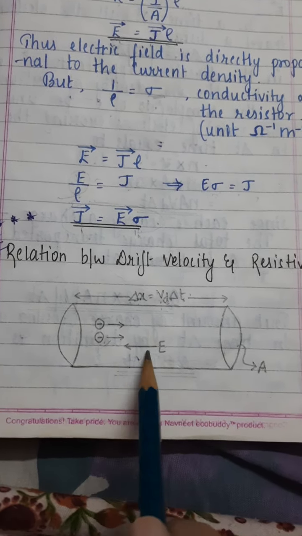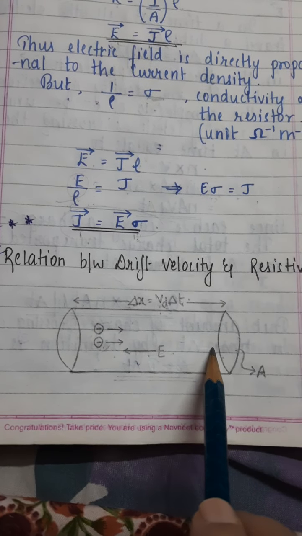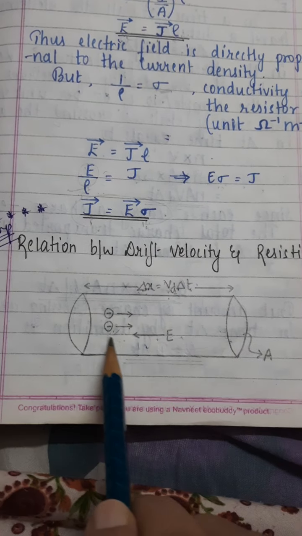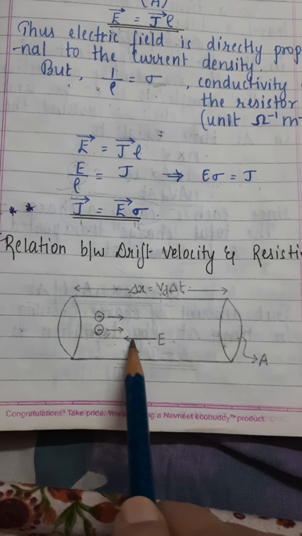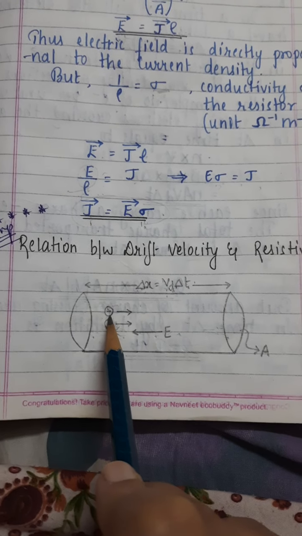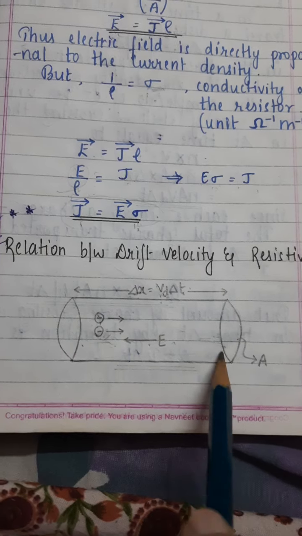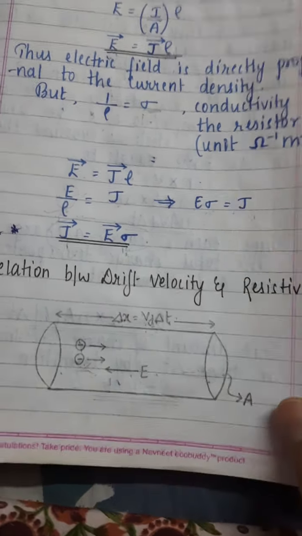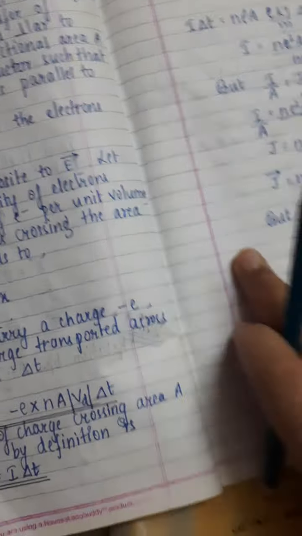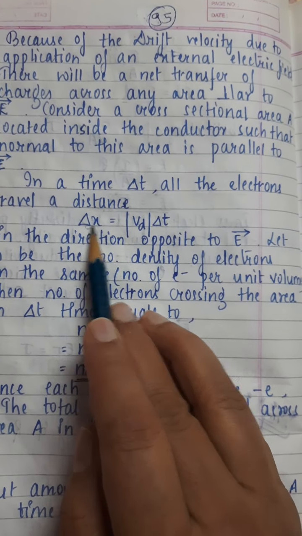The direction of the electric field is from the positive charge to the negative charge, and electrons will flow from negative to positive, towards the positive plate, with the drift velocity.